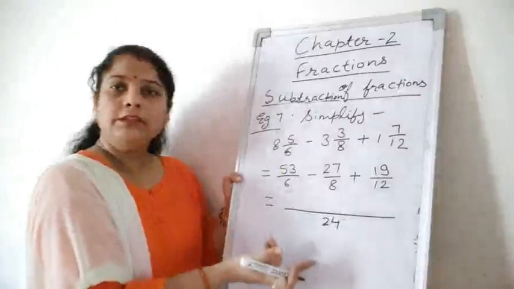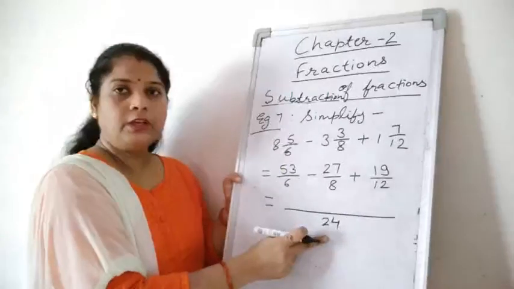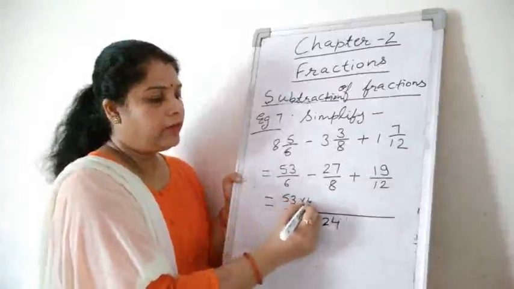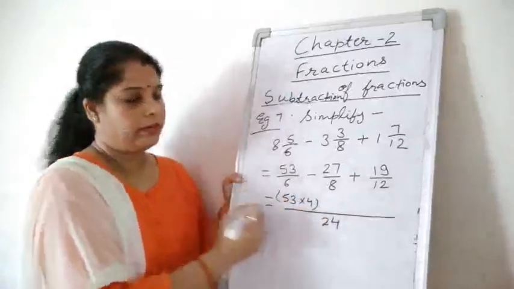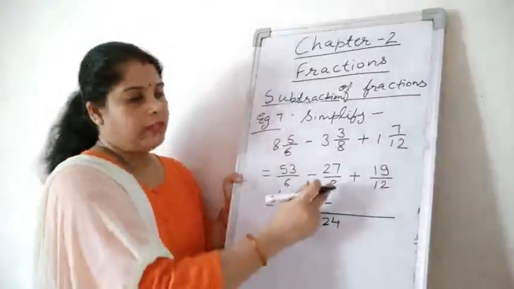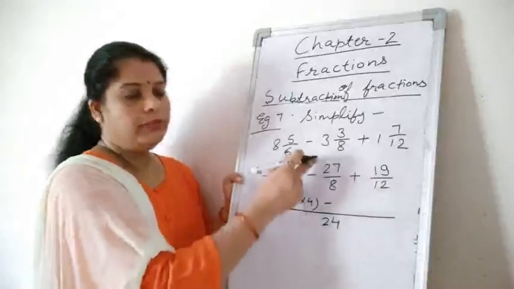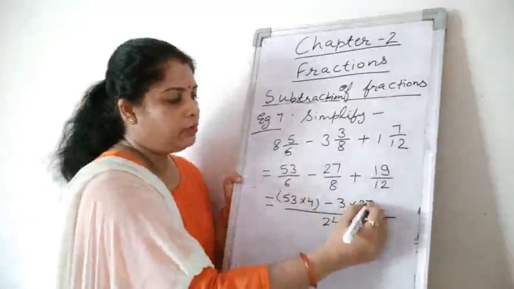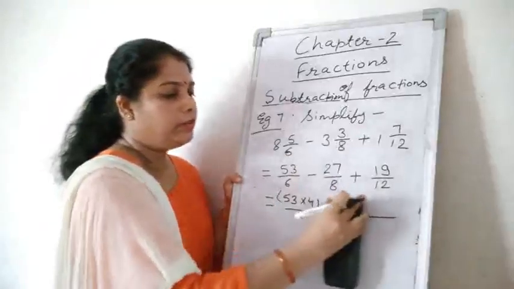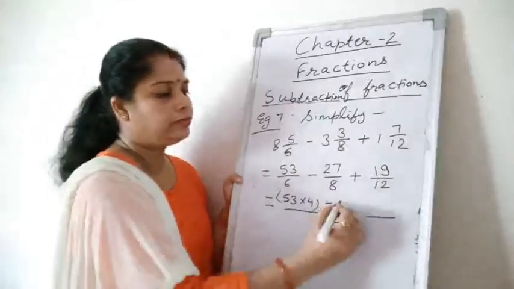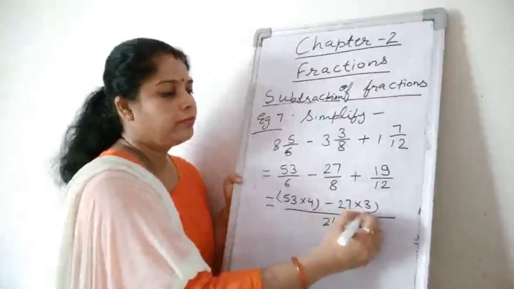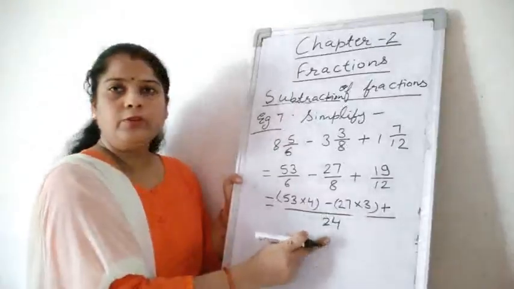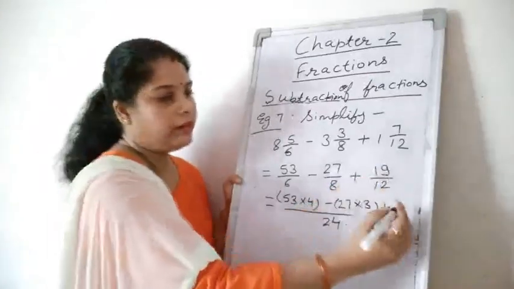Now again the same process. 6 4s are 24 and 4 will be multiplied by 53. 53 multiplied by 4. I am writing this in brackets. Minus 8 3s are 24 and 3 will be multiplied by 27. 3 into 27, or you can write 27 into 3. Then plus 12 2s are 24. 2 will be multiplied by 19.